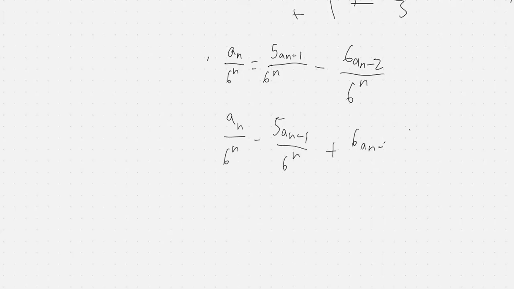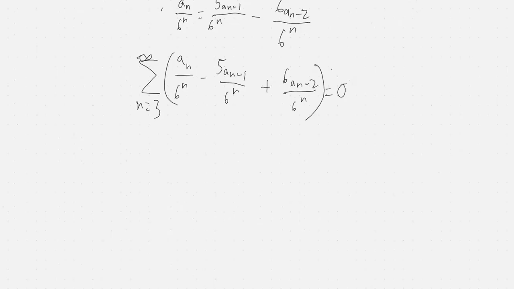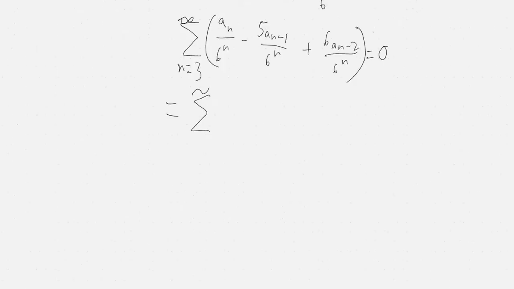So if you take the summation of this from 3 to infinity, then that should also be 0 because each of the terms is 0. And then if you split this, you can find each of the individual summations.